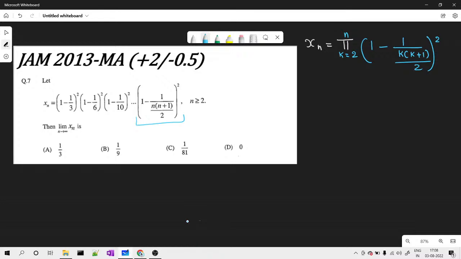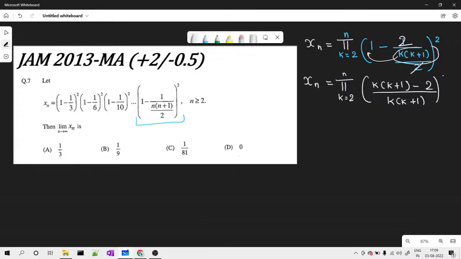Let's go further. Now let us simplify that. First thing is this 2 will go to the numerator. The next step is that I can cross multiply over here. So what I ultimately get is xn is the product, k running from 2 to n, of the fraction with numerator k plus 1 minus 2, divided by k plus 1, and this whole thing is squared.